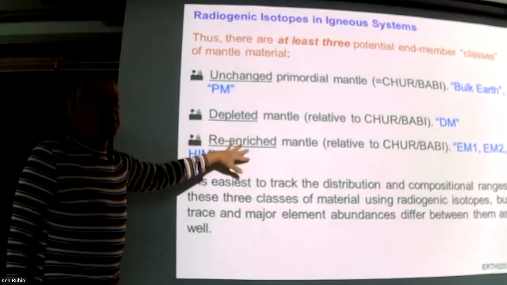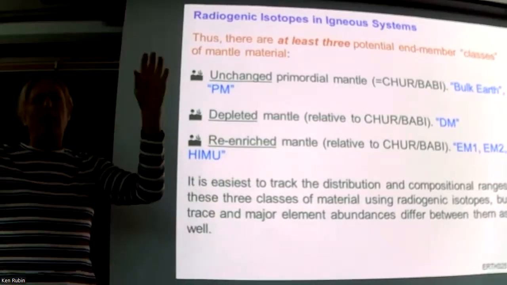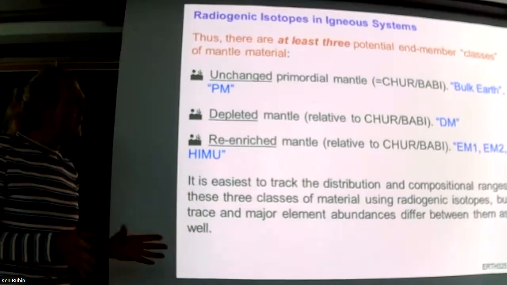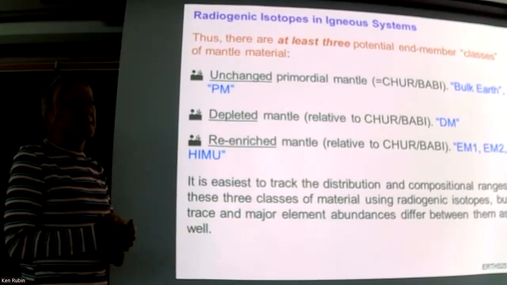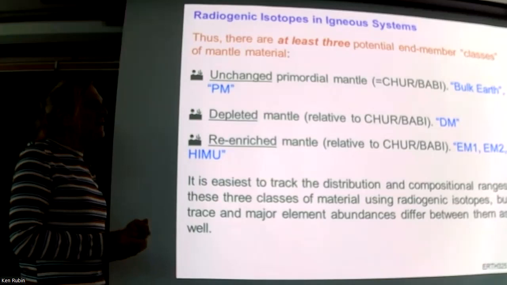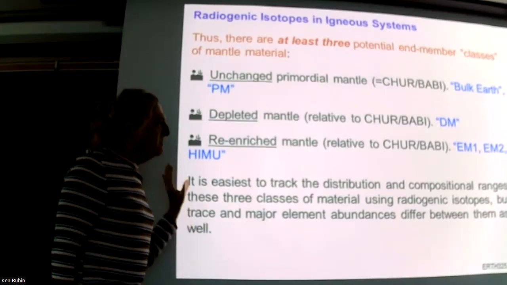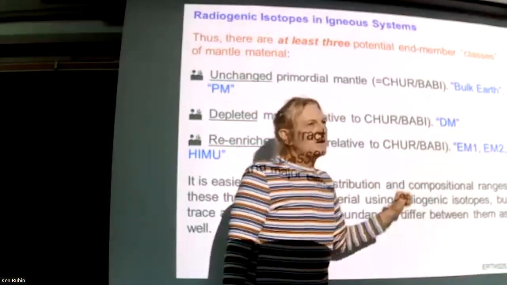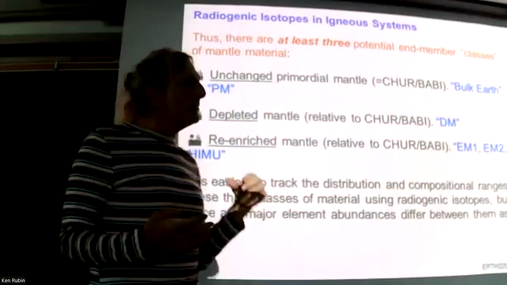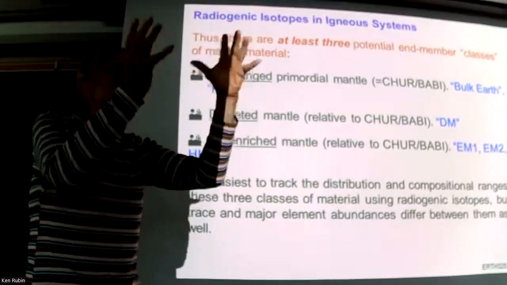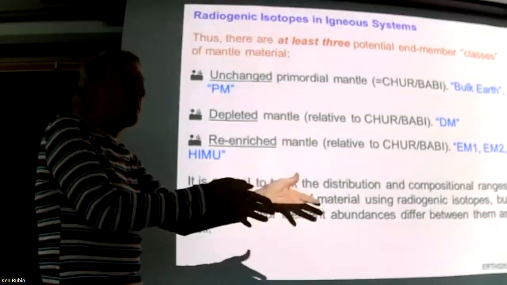This stuff came out when I was a graduate student, and at the time I was like, oh, this is just like, I don't know, postage stamp collecting or sports card collecting, I still think that to some extent, people are always looking for the end member composition, meaning the most EM1 like or EM2 like. These are families of compositions that reflect different components of material being subducted back down.